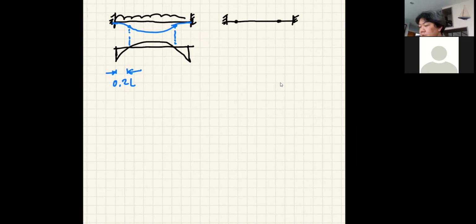Correct? Because if you have the load, you now can divide your structure into a cantilever beam with another simple beam on it and another cantilever beam.